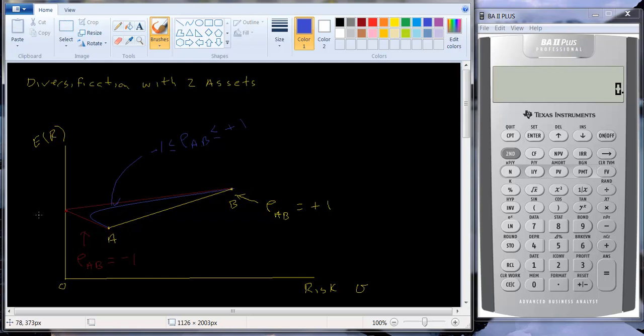In the case of perfect positive correlation, if you want more expected return, you have to take on more risk. But if you have less than perfect positive correlation, it may be the case that this curve bends backwards. It doesn't bend backwards if it's 0.9, but if it's a low enough degree of correlation, you'll get a diversification benefit where you can have less risk and a higher expected return.